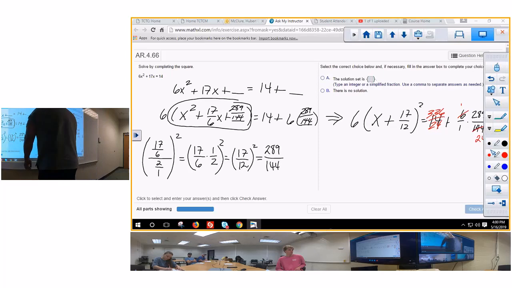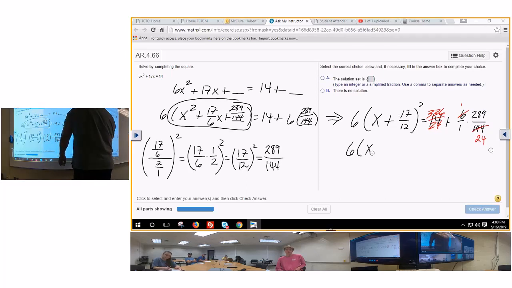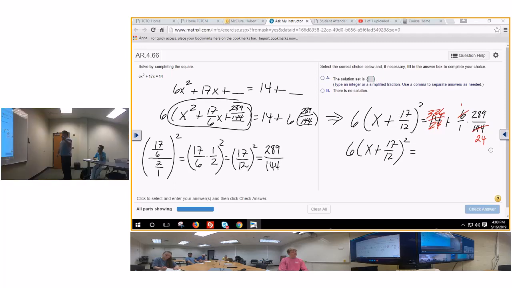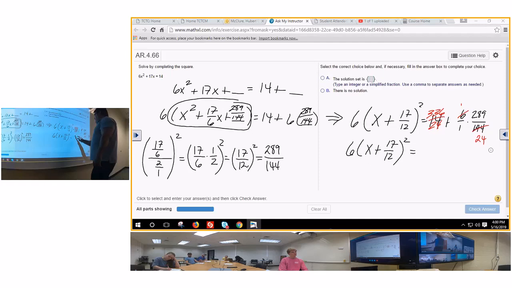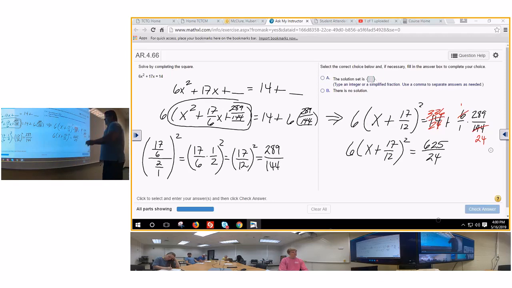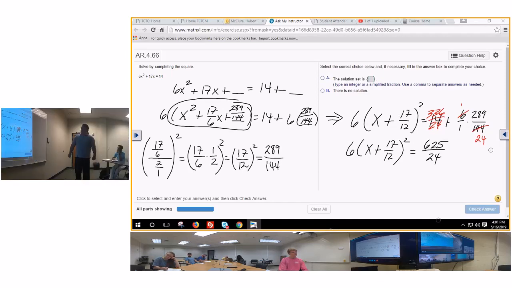So that's going to give us 6 times x plus 17 over 12, quantity squared, is equal to, what is 336 plus 289? 625. Oh, I like that. That's such a nice number. That's going to be a perfect square. They're going to work out right.